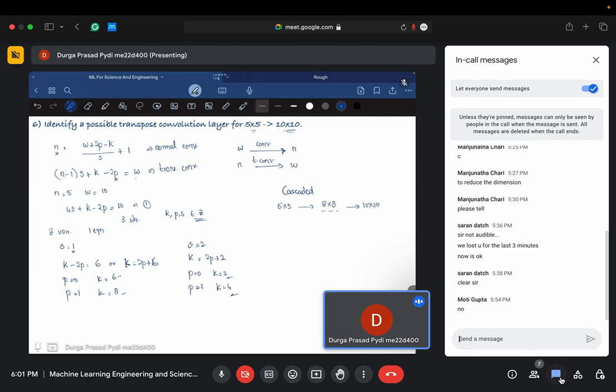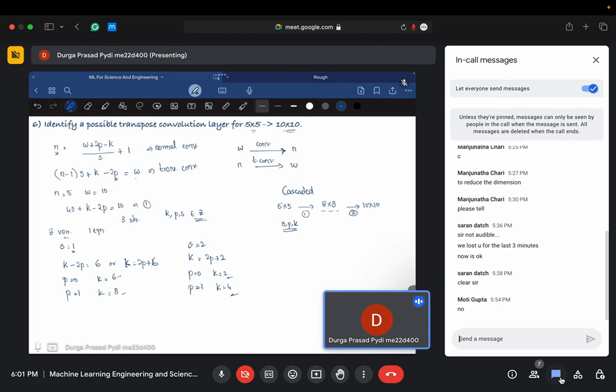So now using this equation, can you tell me what some possible combinations of S, P and K will achieve this particular transformation? 5 by 5 to 8 by 8 followed by 10 by 10. Can you give me these values of S, P, K for step 1 and step 2? Any possible combination. You can have multiple solutions, because you have 3 variables, 1 equation.